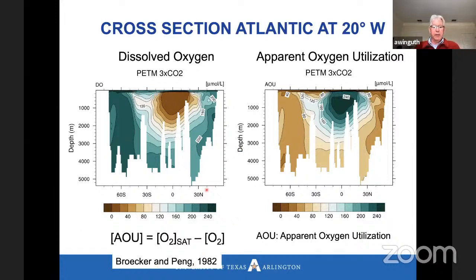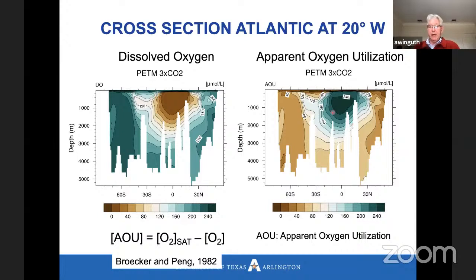Now, in order to estimate the biological effect, what we are using here is apparent oxygen utilization, the more classical approach, where we use the O2 saturation minus the oxygen value to define the AOU as a difference between the idealized oxygen saturation, which depends just on temperature, pressure, and depth, minus that which we are simulating here, which includes also the biological component.